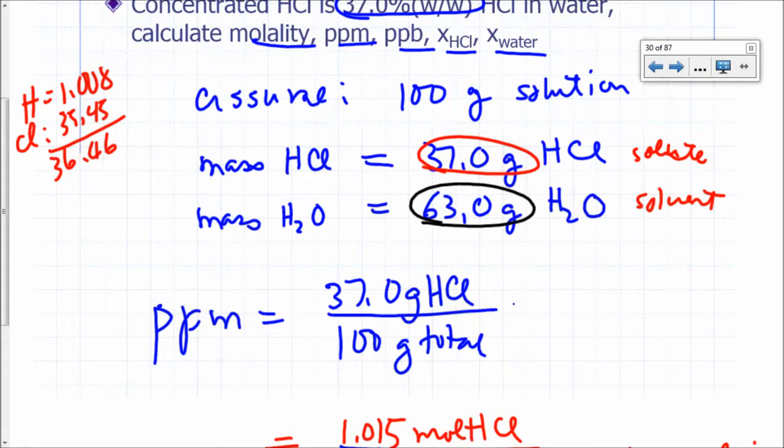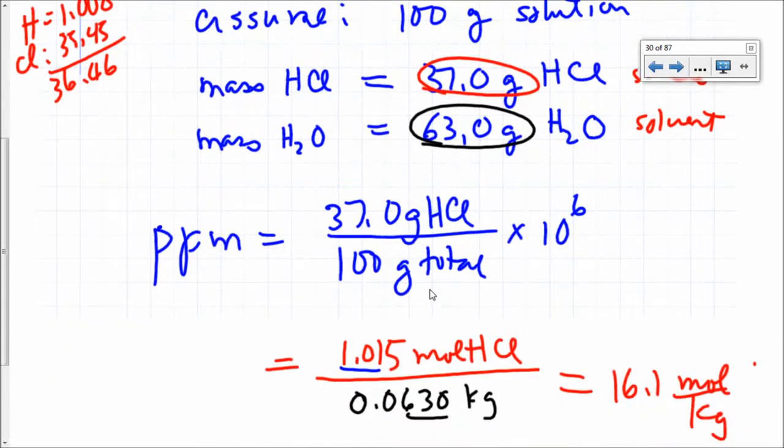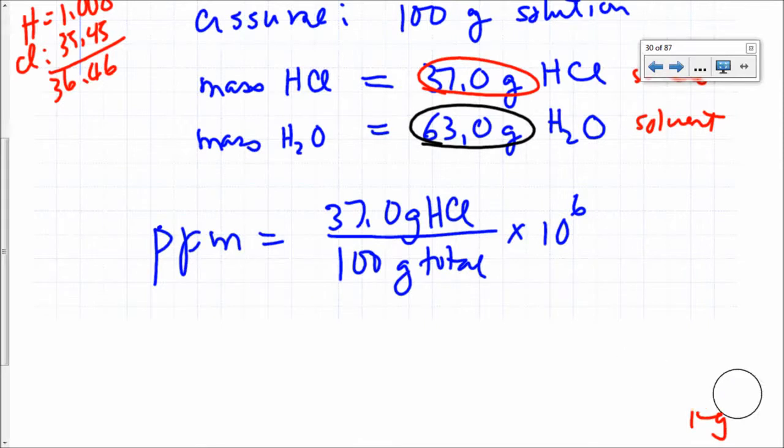Times 10 to the 6th. That will give you ppm.